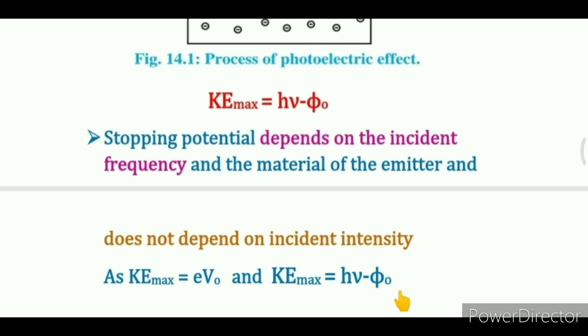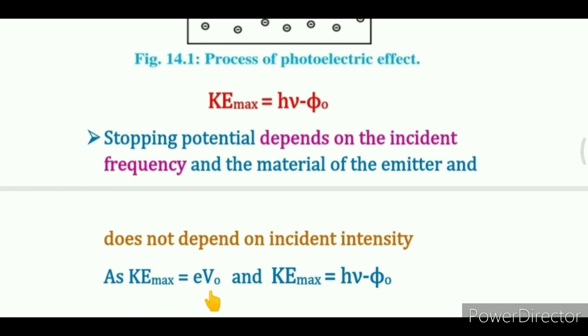When the kinetic energy of the electron is less than or equal to eV naught, there will be no current flow in the circuit. The photocurrent will become 0 there. And when no photocurrent flows, the maximum kinetic energy is equal to eV naught.